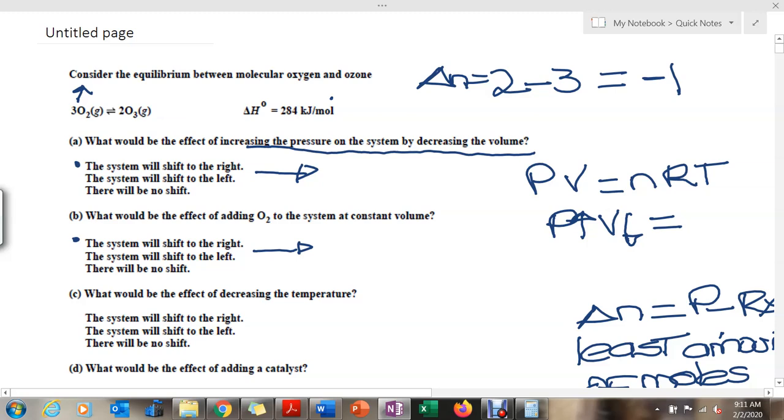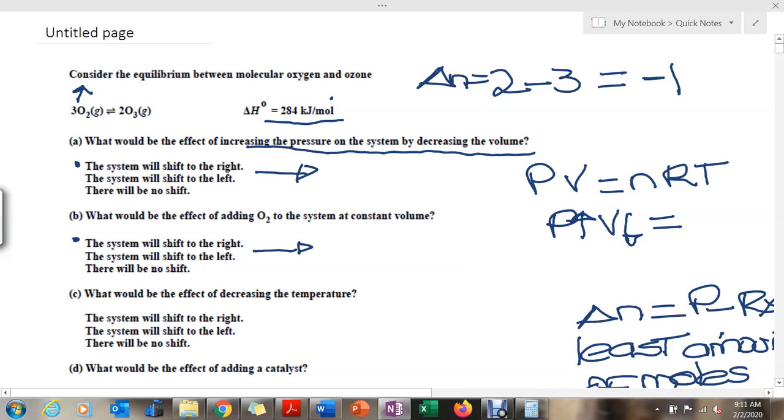And then what would be the effect of decreasing the temperature? Well, K changes with temperature. What you have to see here is that if it's endothermic, heat is on the reactant side. It's kind of like adding concentration.